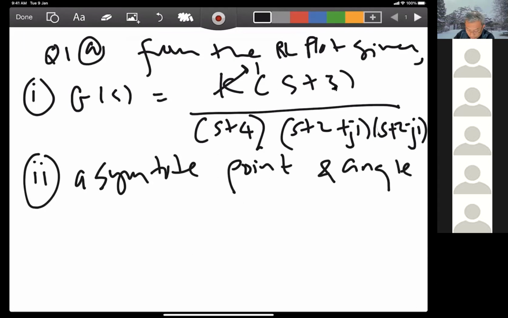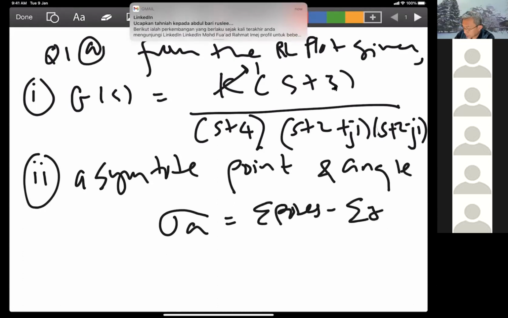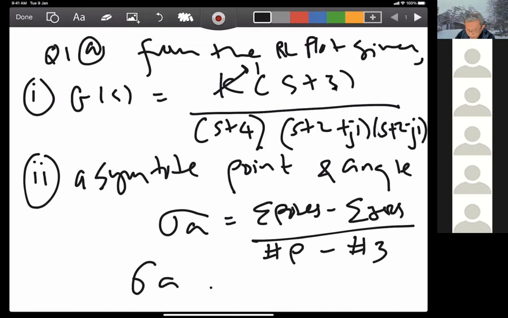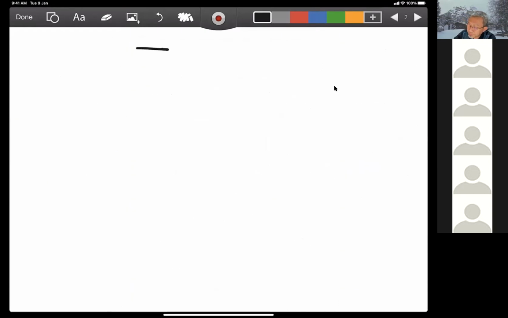So sigma A using the formula, you get sigma A minus 2.5.